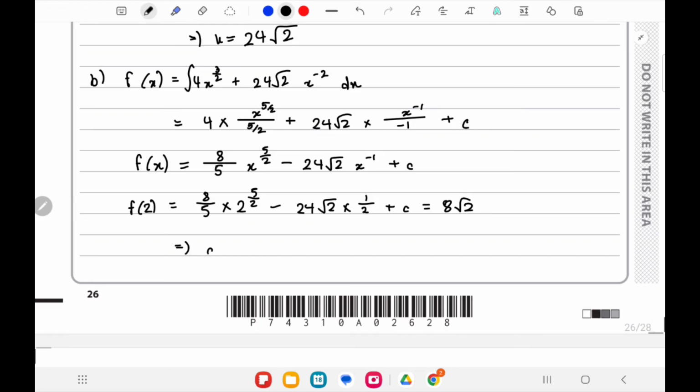So c will be 8 root 2 minus 8 by 5 into root over 2 to the power 5 plus 12 root 2.